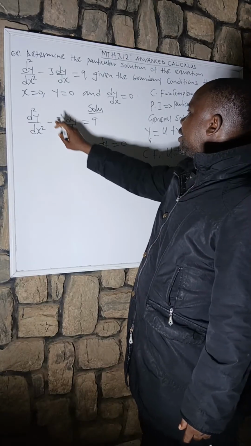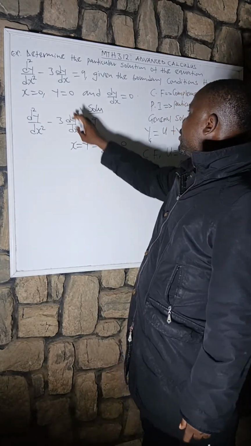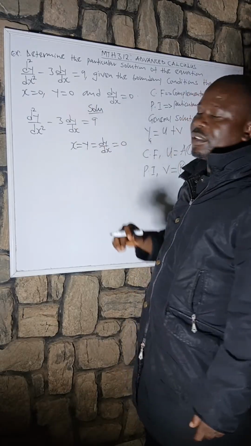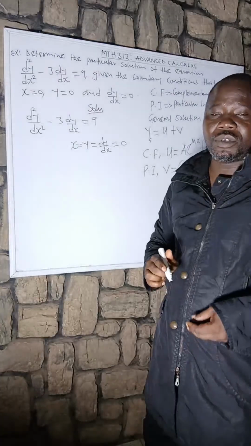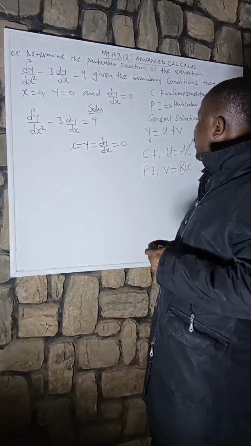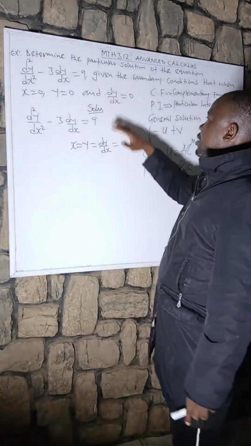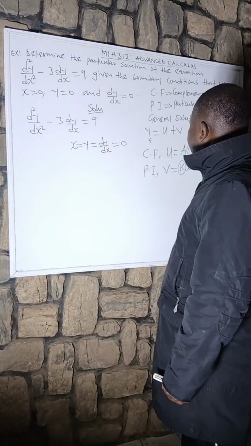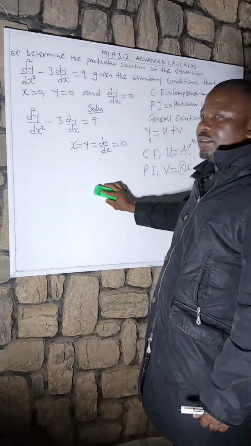This implies that x is 0, y is 0, dy over dx is 0. So you should take note. Is that clear? This is how we are going to solve this problem. Do you have any question?